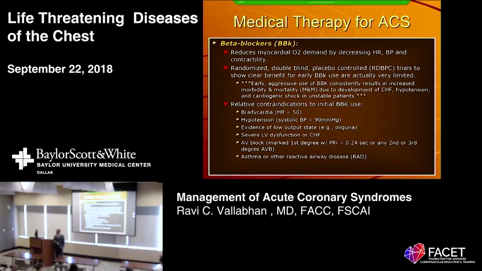In general, patients who have COPD don't have as much of a reactive airway component as asthma. So in general, COPD patients tolerate beta blockers much better than your younger asthma patients. The ideal patient to use it on the front end and use it aggressively is one who comes in hypertensive and comes in tachycardic. That's the ideal patient.